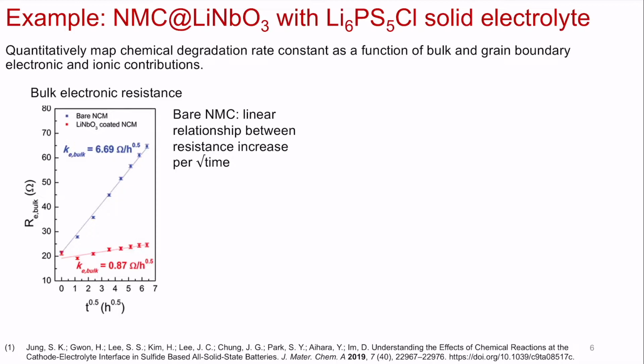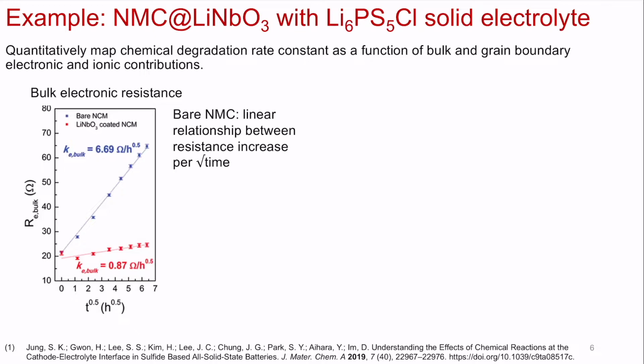So what you see here is for the bare sample as well as for the coated sample. The bare is in blue, the coated is in red. We can map out a rate constant, so per square root of time, okay? And so that's what we see: the chemical degradation rate for bare is higher than that of the coated, which is what we saw in the EIS already.